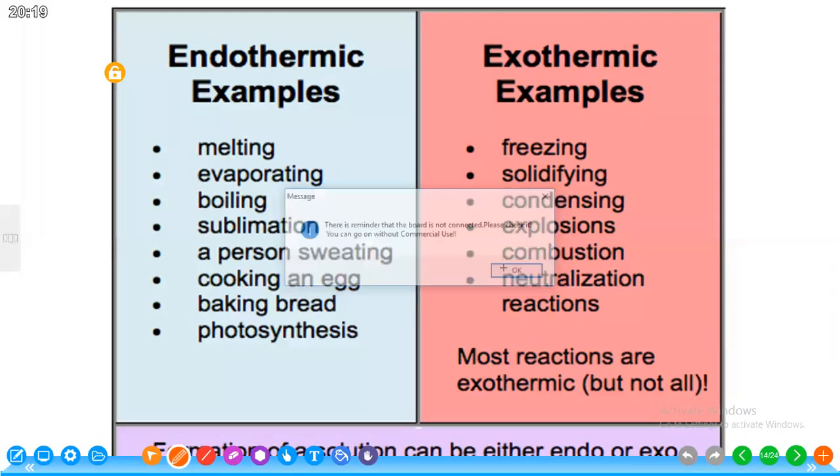And another one: exothermic reactions are freezing, solidifying, condensing, explosions.